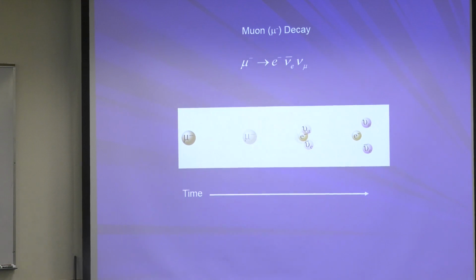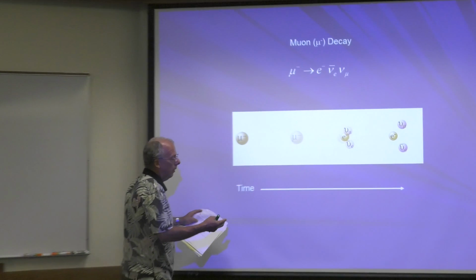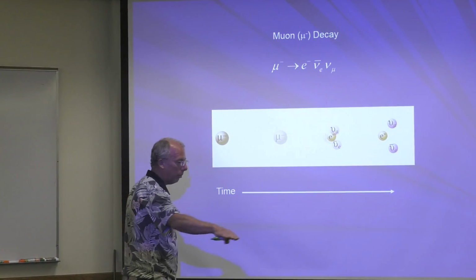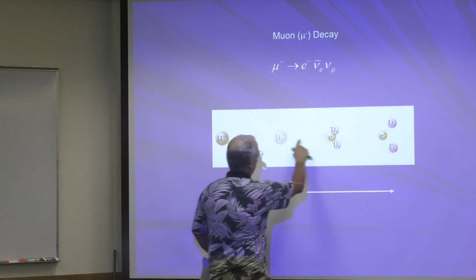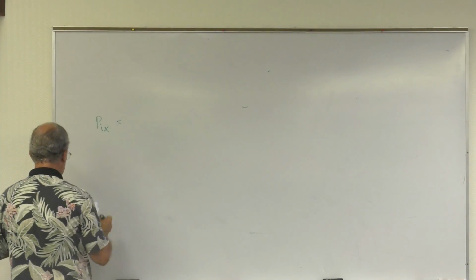Now, momentum has to be conserved, because, let's say, it's along the horizontal plane. Let's call this the x direction and this the y direction. What's P initial x?